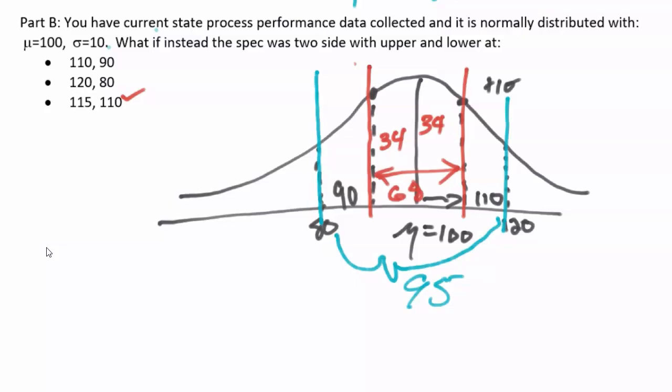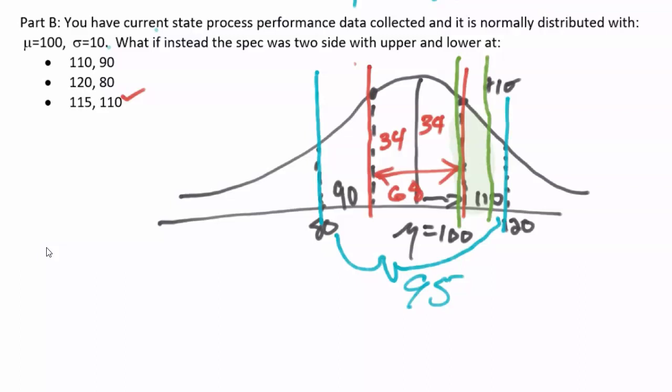Oh, well, let's take a look. We know that 110 is located right here, and 115 is located right here. So really, we're looking for this region in green right between the two spec limits.